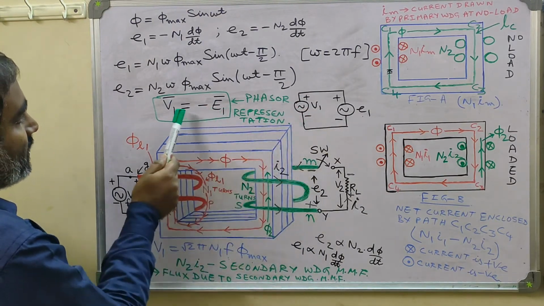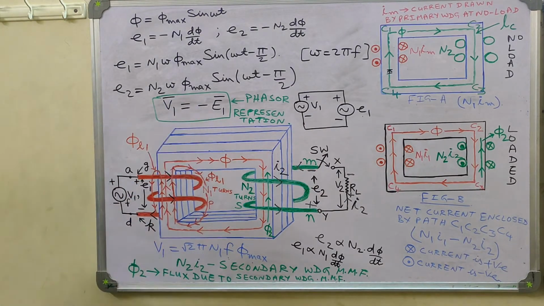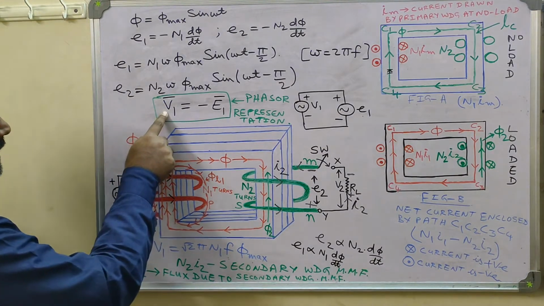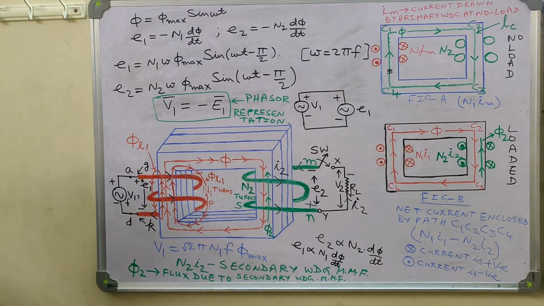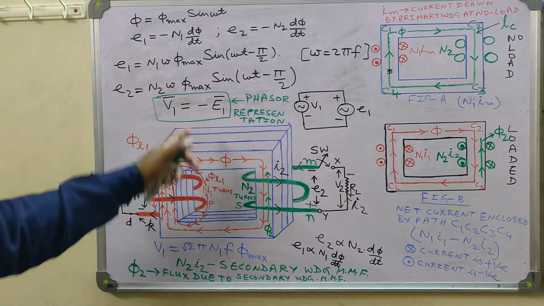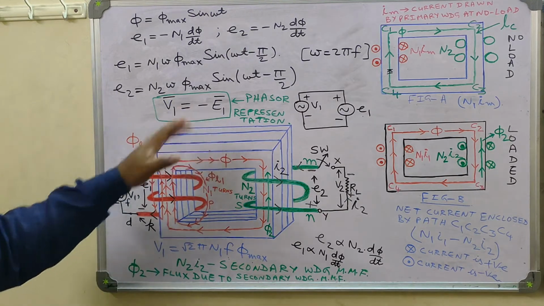So that thing is represented in phasor form in this one. So you see this minus sign over here is indicating only one thing, that these two voltages are 180 degree out of phase. So that means if this is having positive peak, then this will be having negative peak, like that. Anyway, the phasor representation is like that. V1 is 180 degree out of phase of E1.